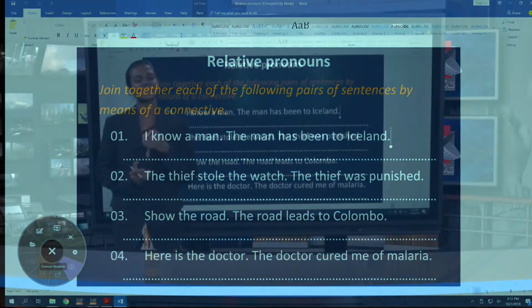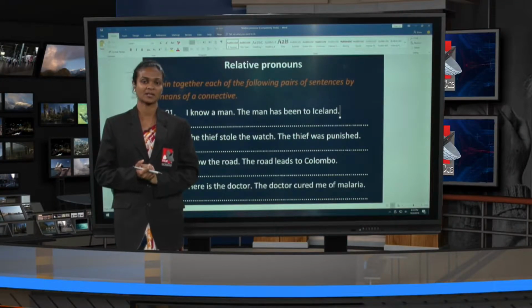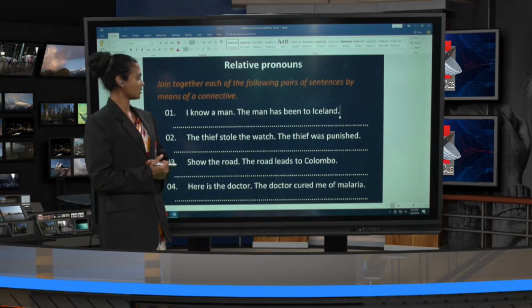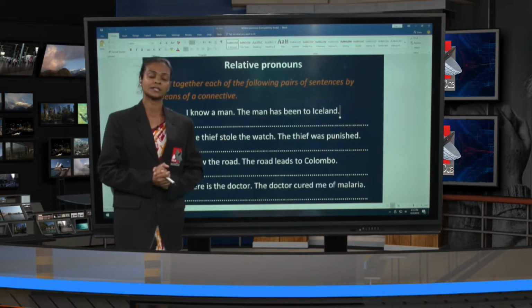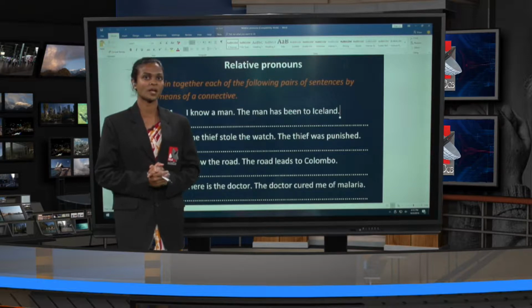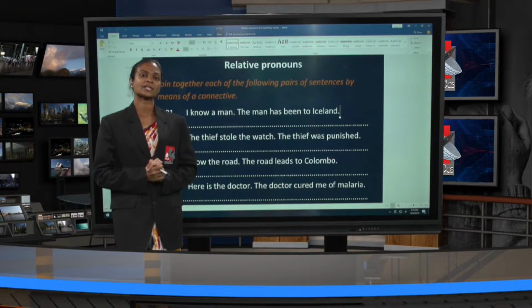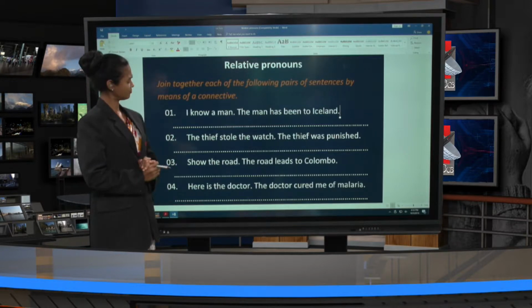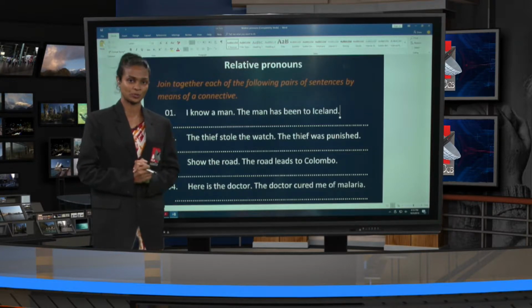Now you have to make the sentence like this. It should give the meaning like, I know a man who went to Iceland. Like that. Make one sentence. I will explain the first one to you, right?